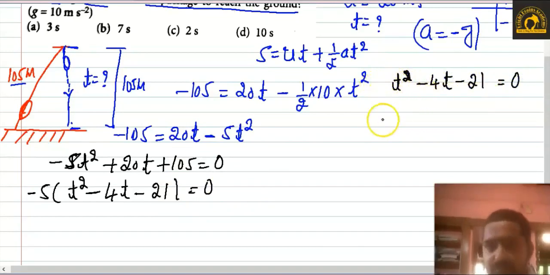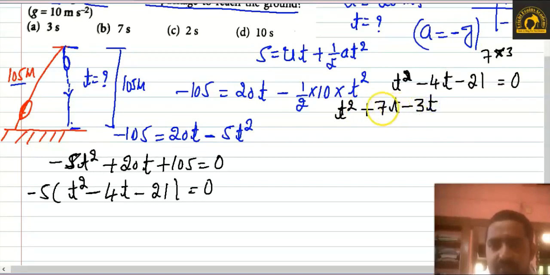Now you have to simplify it. That is t square, and 21 is 7 into 3. So 7 minus 3, that is t square plus 3t minus 7t minus 21 is equal to 0.